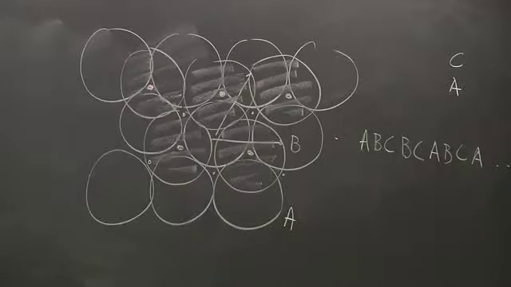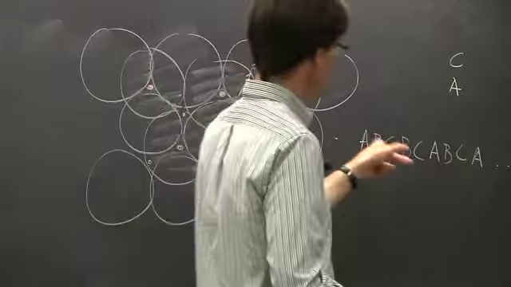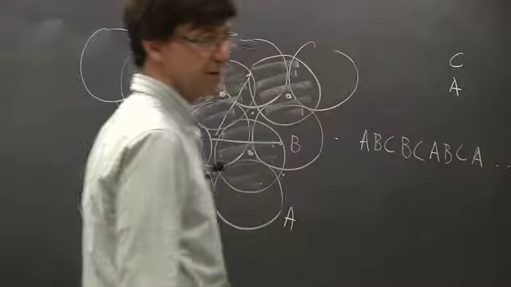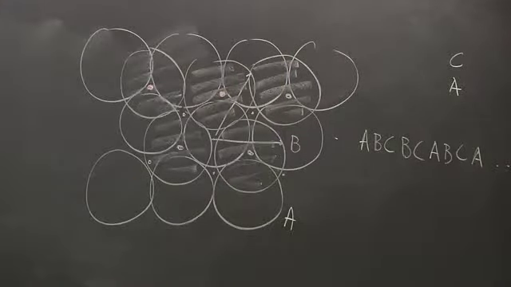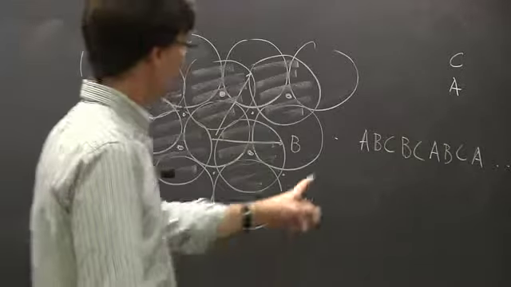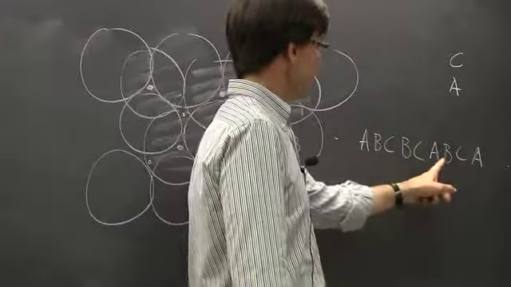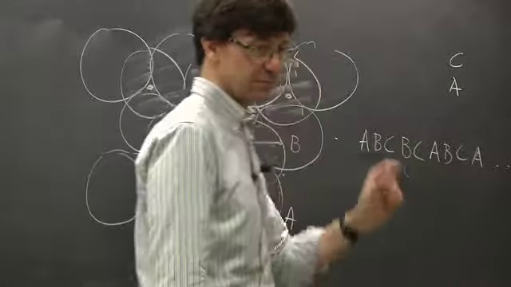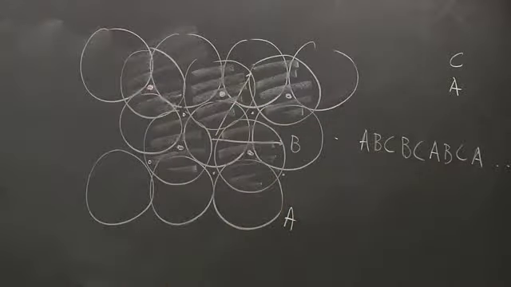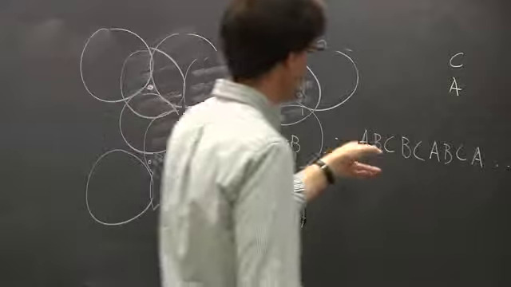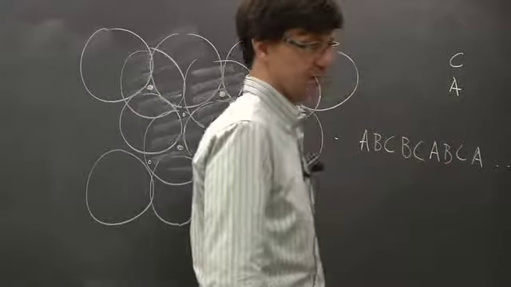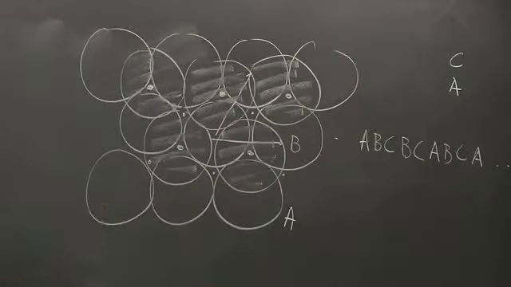And I can identify my sphere packing by just giving a sequence of 3 letters or 3 colors. The only thing I have to be careful of is that there is never a repetition between nearest neighbors. Okay? Every time I move, I have to change it. It must be different. But any sequence is fine in principle.